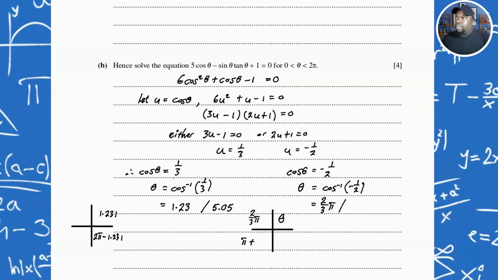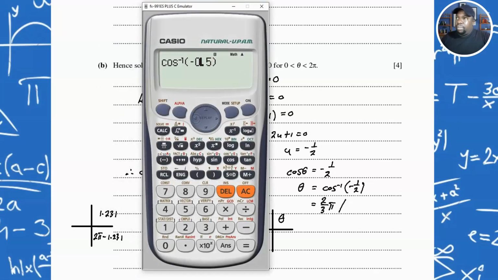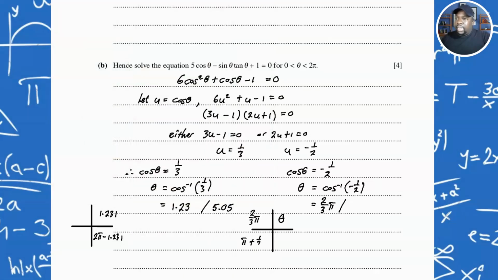The theta is the first quadrant value, so shift cos of negative 0.5 is 1/3 pi. So pi plus 1/3 pi, because the first quadrant value, though it's not our answer, is 1/3 pi. That's our theta. So pi plus this should give us 4 pi over 3. So these here are the solutions which are within range: 1.23, 5.05, 2/3 pi, and 4 over 3 of pi. So these are the 4 solutions required, and that's how we solve part B.